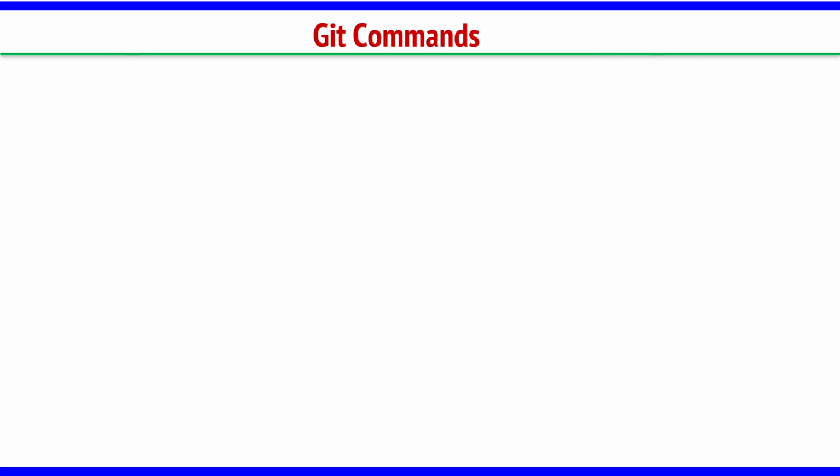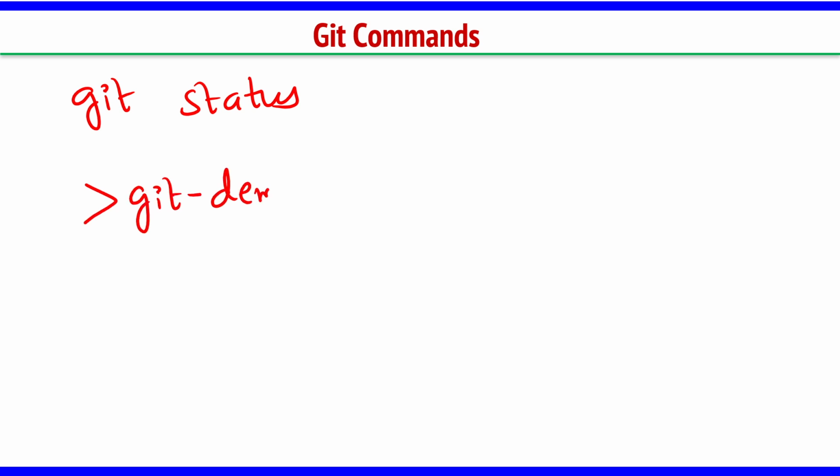I am just discussing some important commands. Next, git status. What is this git status? Now I created a git demo folder, and in that I added one file.txt.